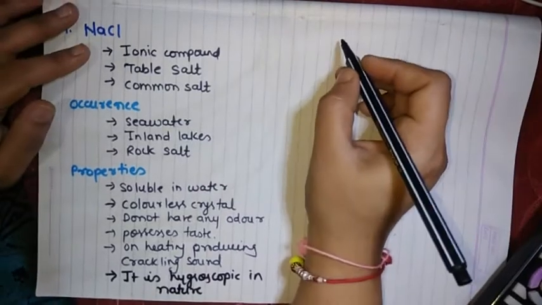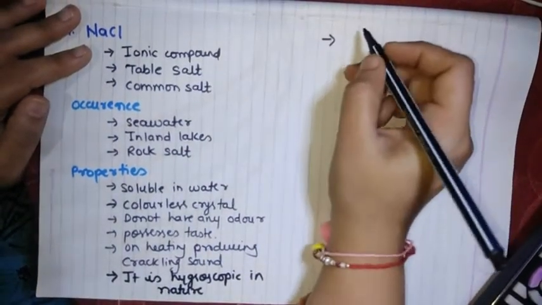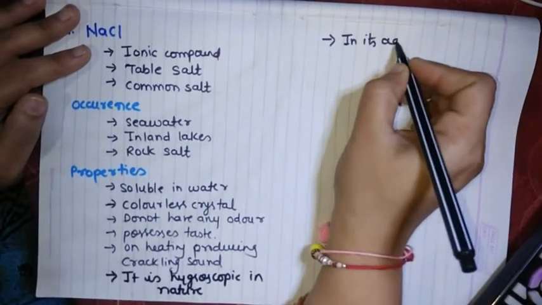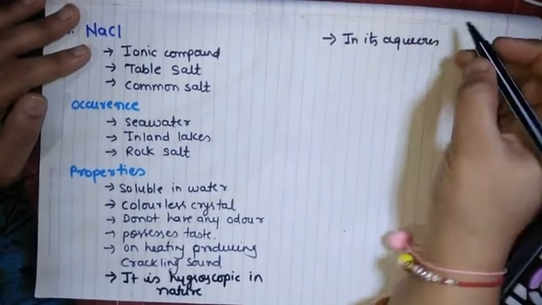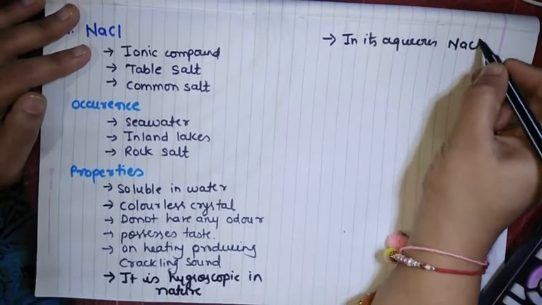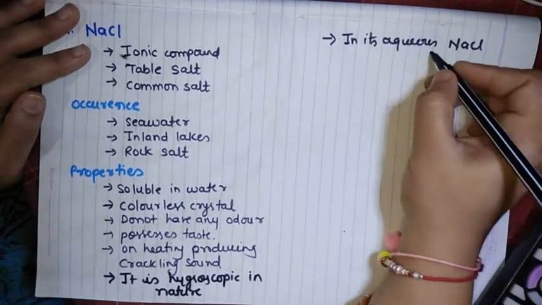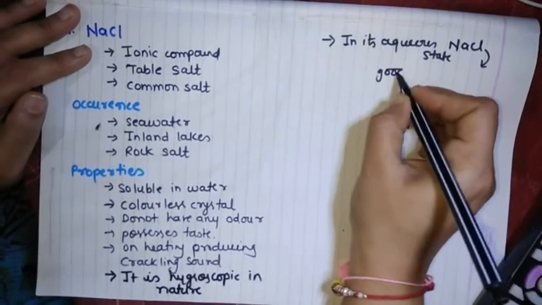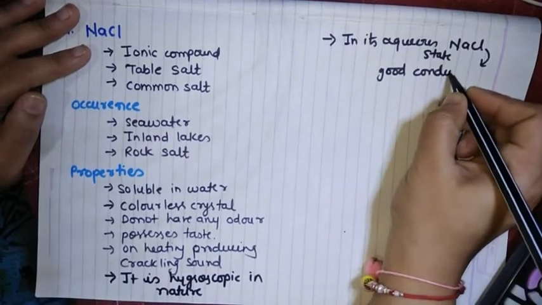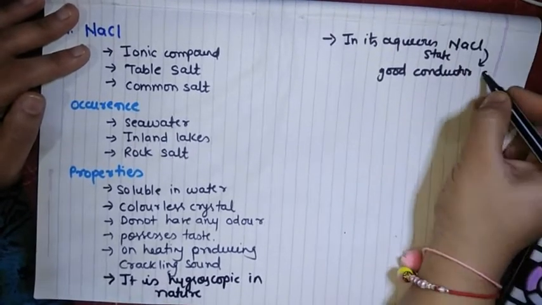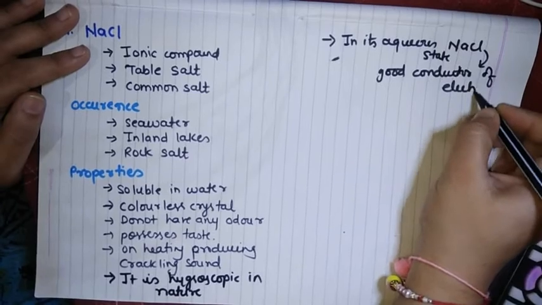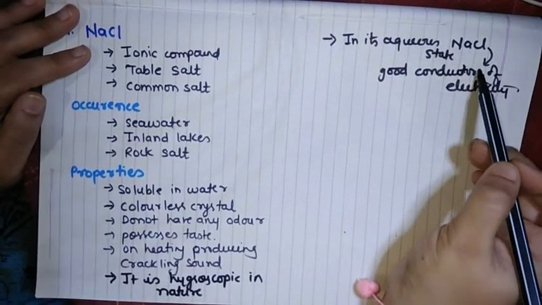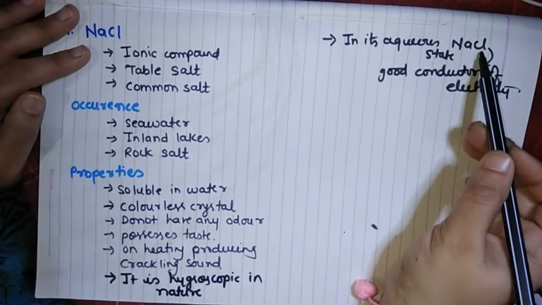Another property you can write is that in its aqueous state, NaCl gets ionized and is a very good conductor of electricity due to the movement of ions, that is sodium ion and chloride ion.